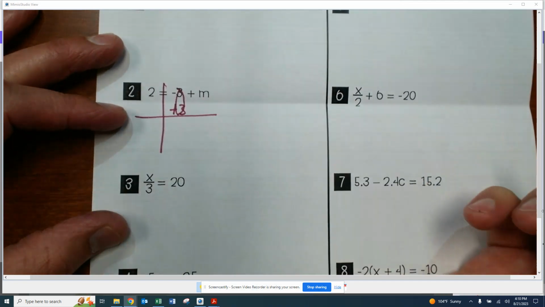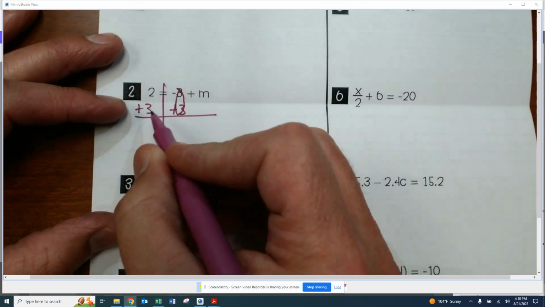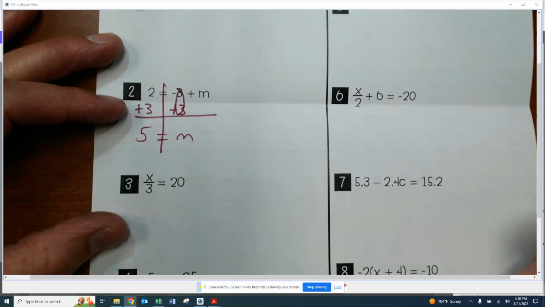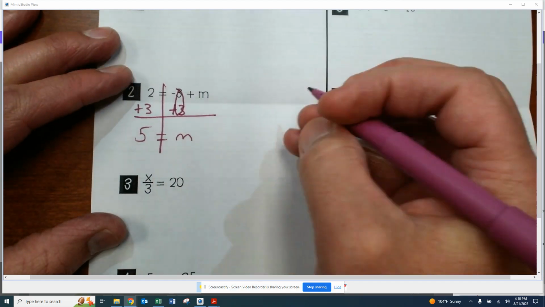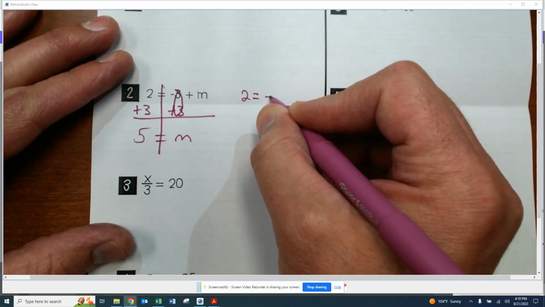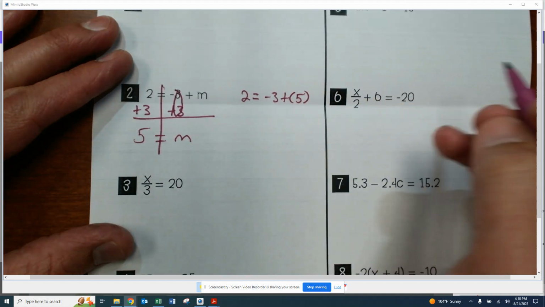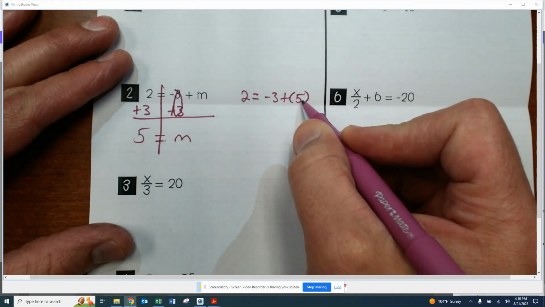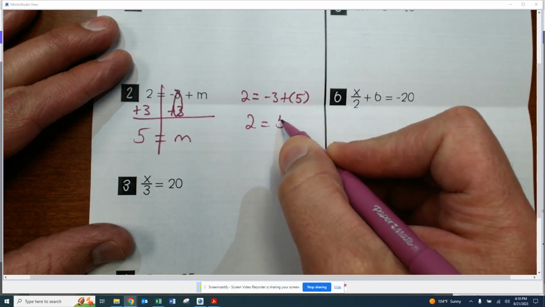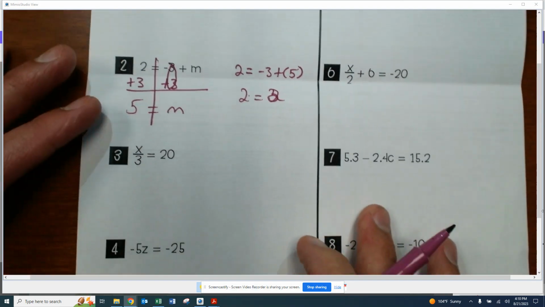And whatever we do to one side, we have to do to the other to keep our equations balanced. And we get 5 equals m, which makes sense because if we check our work, 2 equals negative 3 plus 5. Negative 3 plus 5 is 2. Sorry, I started writing 5 in there for some reason.